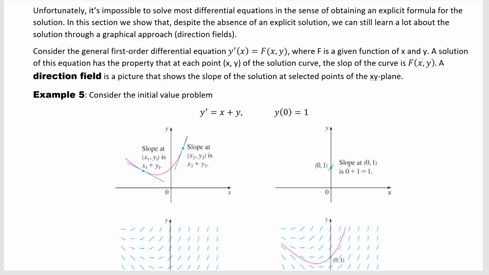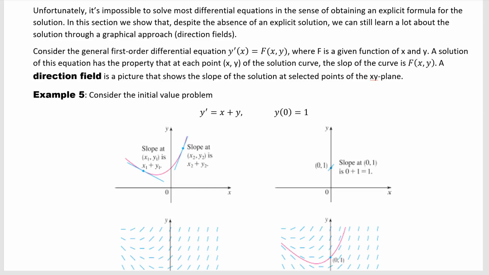Consider the general first order differential equation, y prime equals f of x, y. Here f is a given function of x and y. A solution of this equation has the property that at each point (x, y) of the solution curve, the slope of the curve is the function f of x, y.